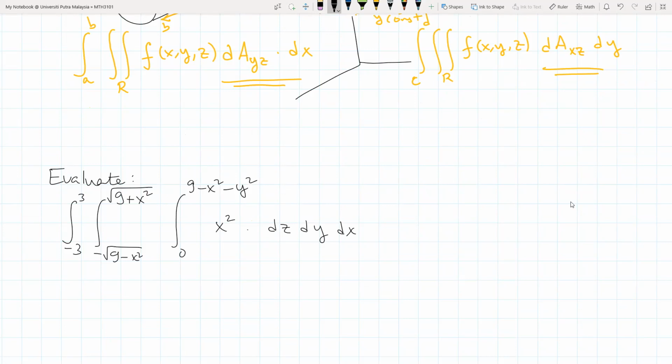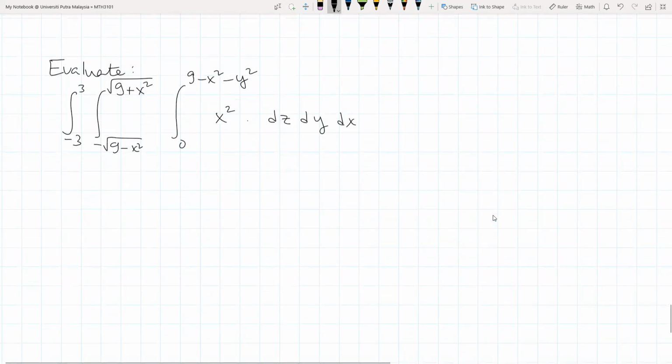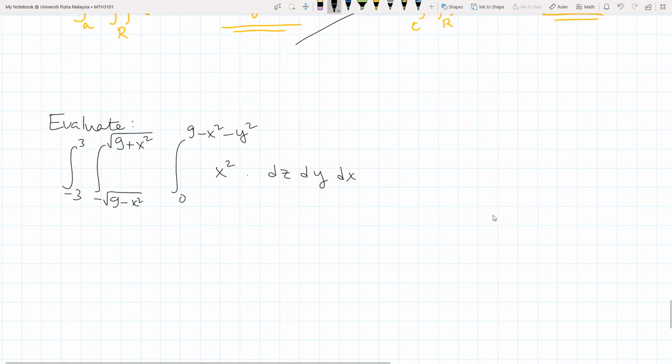you can see that this is like a circle. Let's try to break out the circle. Okay, so the inner part, z, goes from 0 to 9 minus x squared minus y squared.